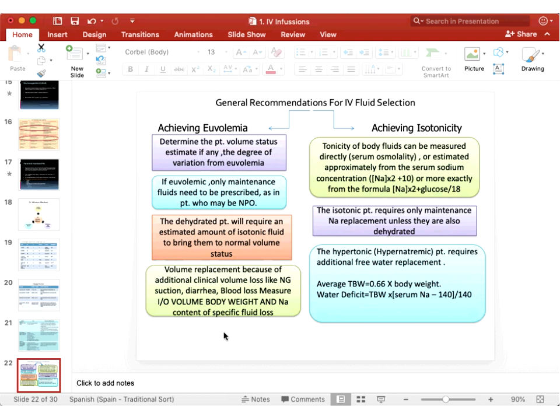Yes, not just dextrose solution, but he needs glucose, he needs volume, and he needs electrolytes, right? So what is the best solution to give to this patient? Yes, a mixed solution. So you give him glucose, you give him solutes, and you give him volume. And you address all three problems with one solution.